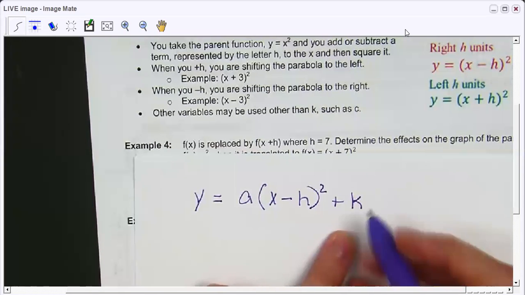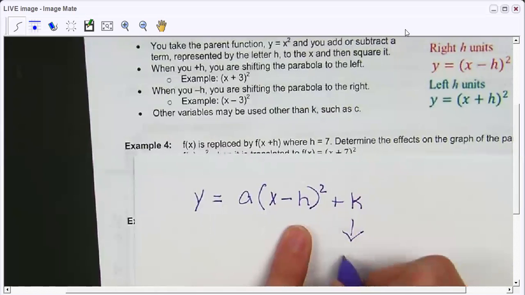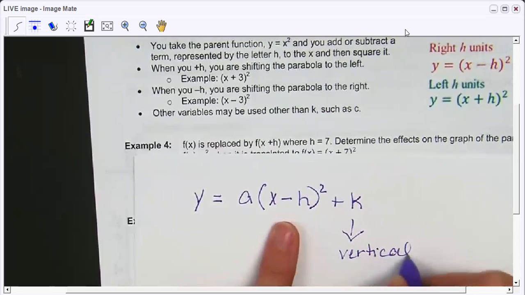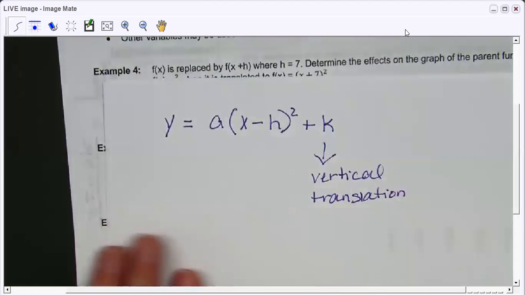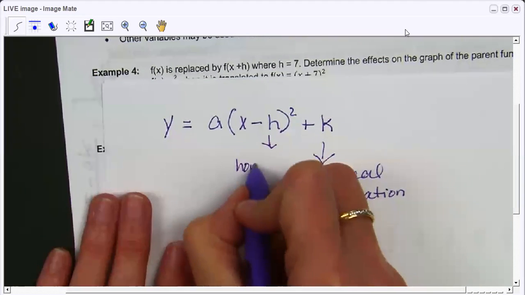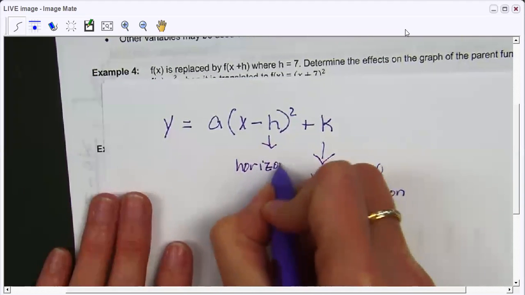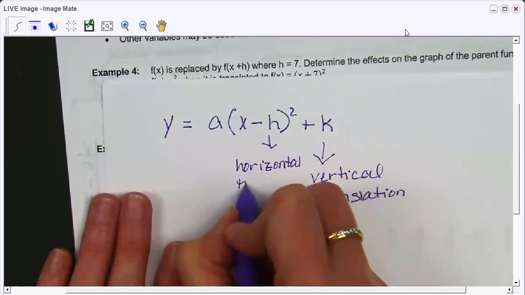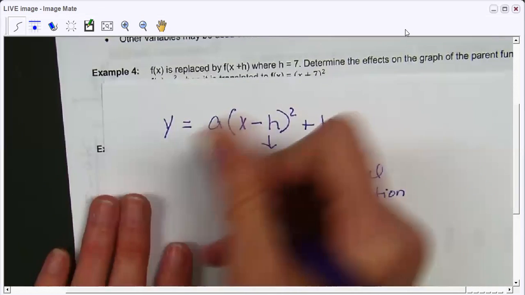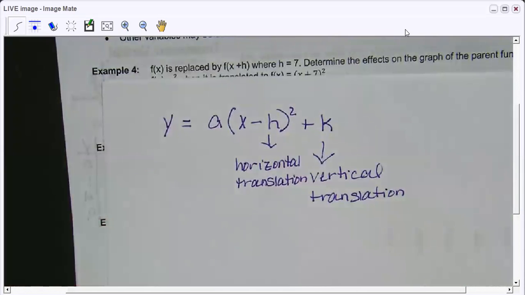The K represents a vertical translation, okay? All right, the H represents a horizontal translation. Okay, and then when we get to the A, I'll explain that. So K is the vertical, H is the horizontal.